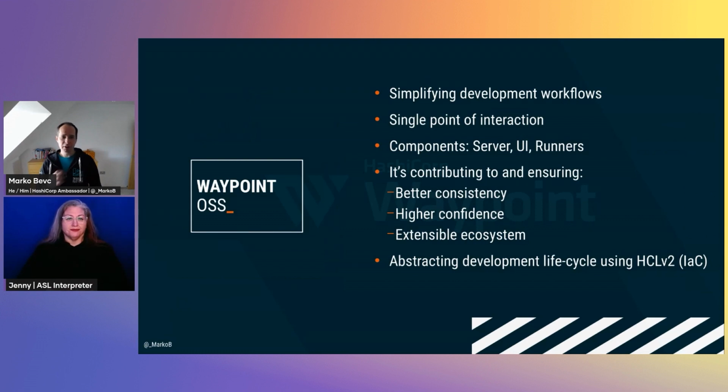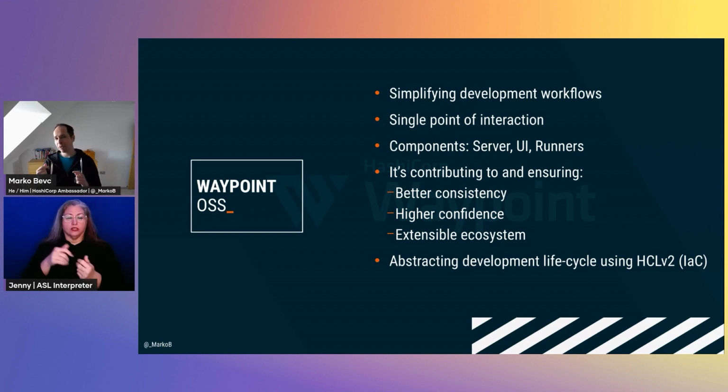Cool. Let's start by quickly covering what Waypoint actually is. We're going to start with the Waypoint open source product, which is a single binary that literally tries to simplify development workflows. It has a single point of interaction.